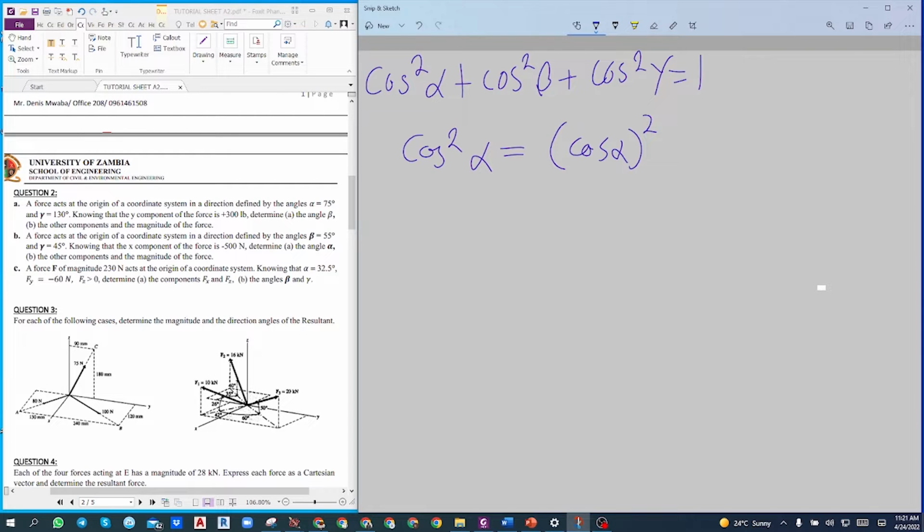Some of you, as I observed, were for some reason beginning to press cos once, square it and then multiply by beta or by alpha. That is very bad. That is not correct. So first you do cos alpha and then you square it. So these are the same. Take note of that. I'm going to just erase it now.